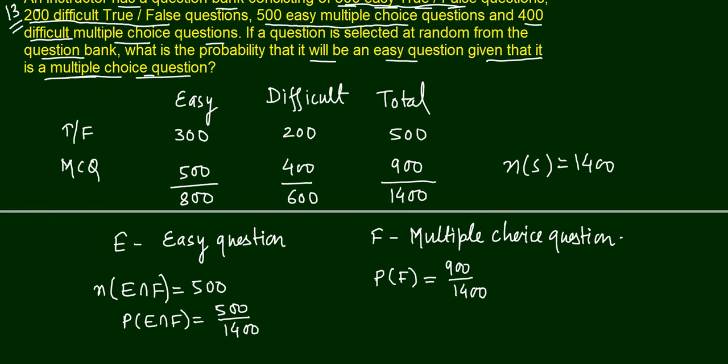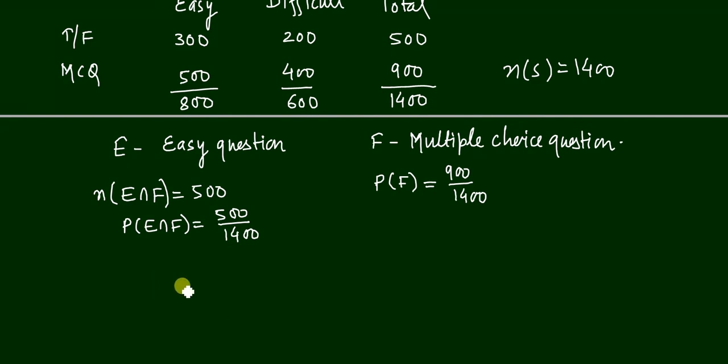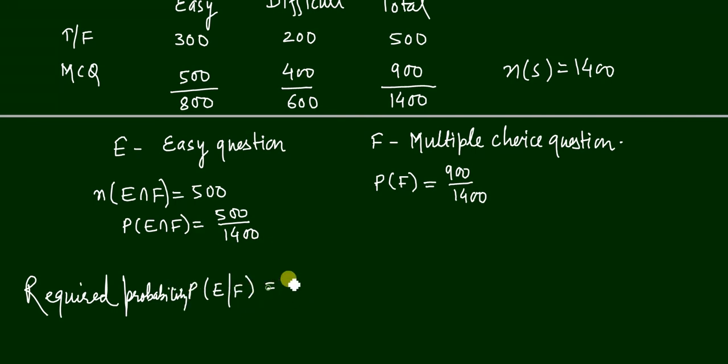Okay, here what we have to find out? Probability of E when F is already happened. This will be our required probability. So this will be given by probability of E intersection F divided by probability of F. Probability of E intersection F is what?